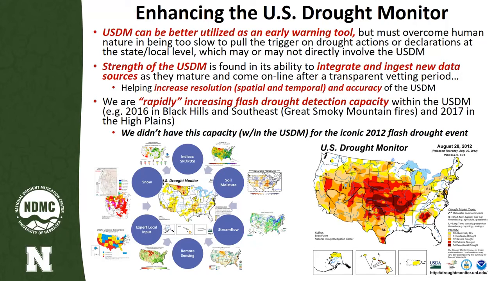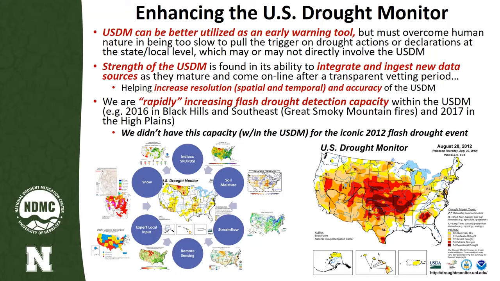So our response to the 2017 drought was on the order of a couple weeks and not a couple months, especially for those droughts that aren't forecasted, of which neither were forecasted. So this has really ramped up our ability to capture these rapidly increasing flash droughts by bringing them into the fold. And again, we just didn't have that capacity in 2012, or I think there would have been a better response.